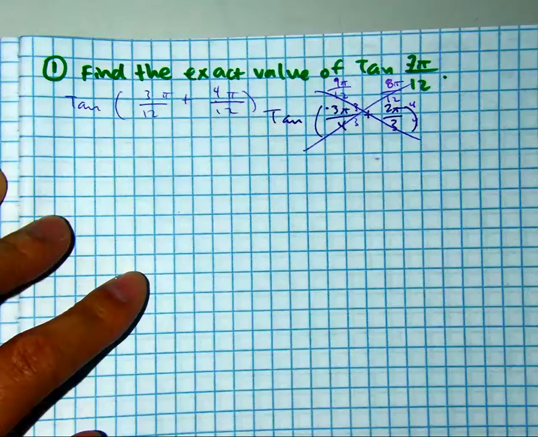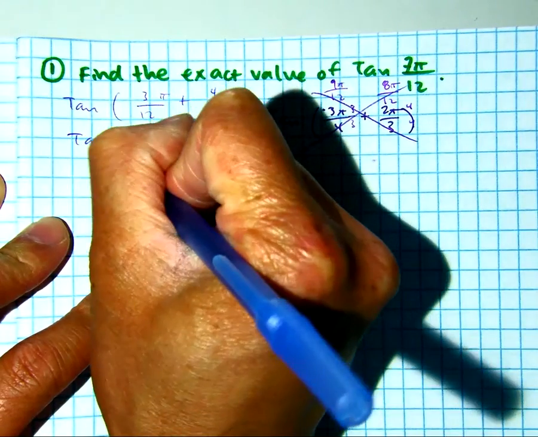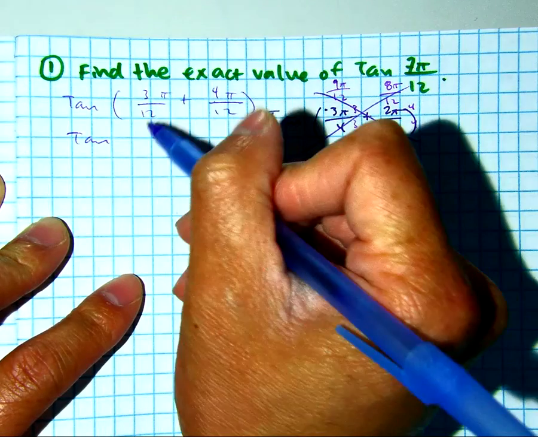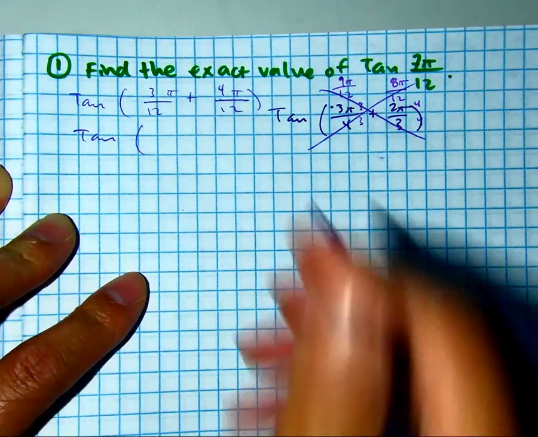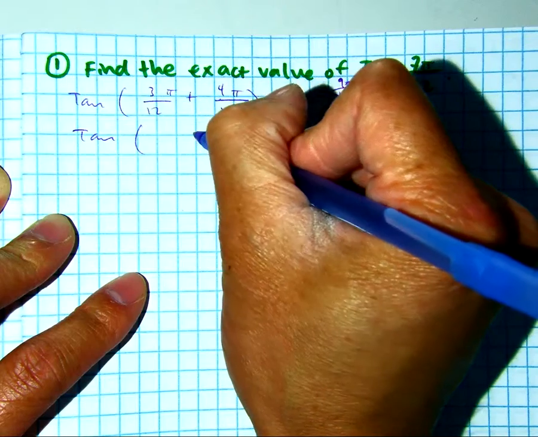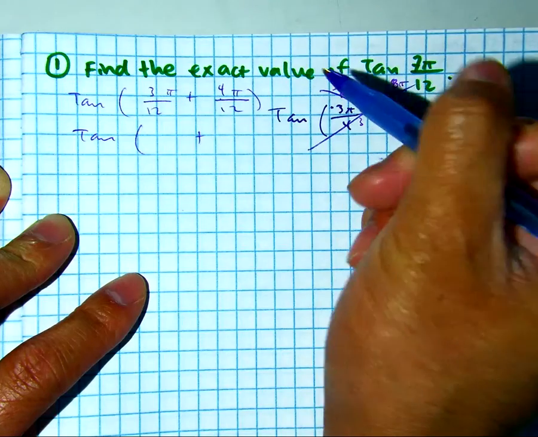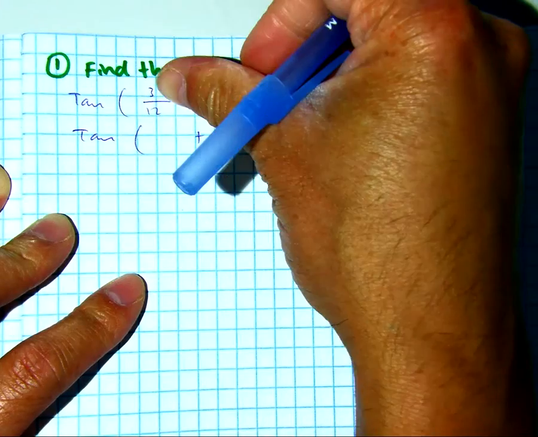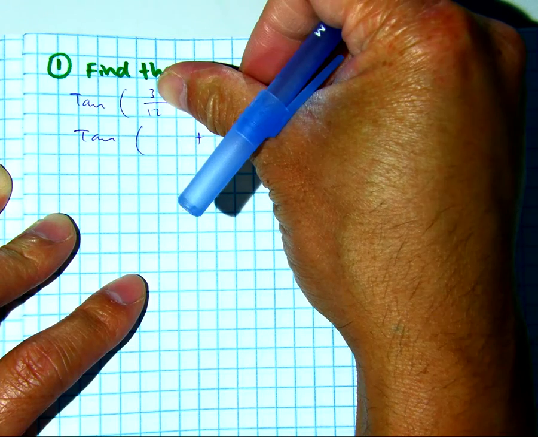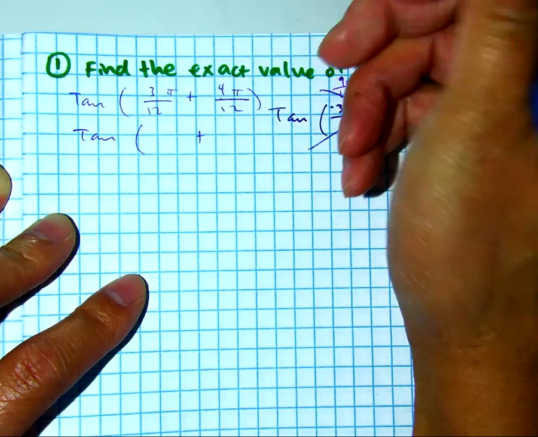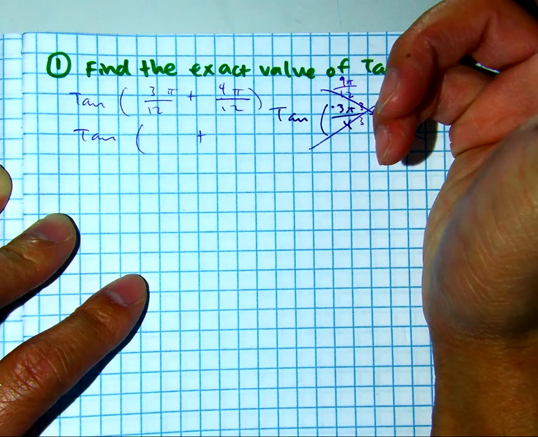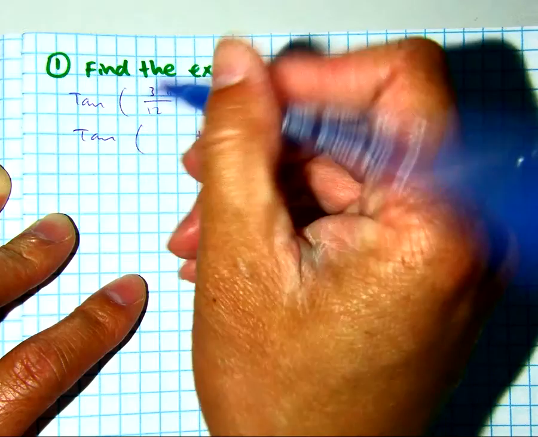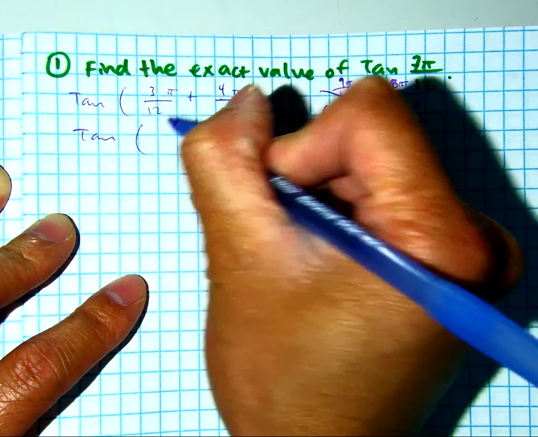And if you reduce that, what do you get? You get pi over 6 plus, 3 divided by 12 reduces, and then pi over 4.